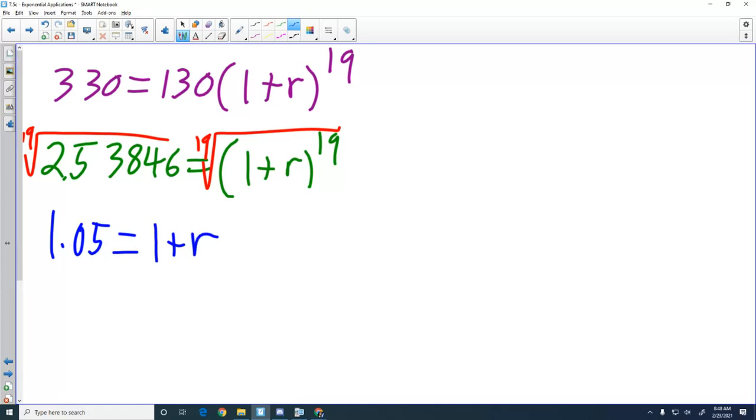Subtract the 1 from both sides, and you get 0.05 equals r, which is going to be about 5%. Is that pretty close to 4.9%? Yeah, for sure. She'll still get a similar answer.